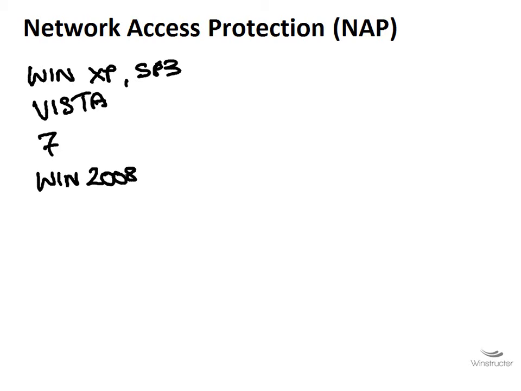So don't think that, by the way, this is only for client operating systems. Modern versions of Windows Server can also apply and be forced to comply with these NAP requirements. And by the way, if you are thinking of sitting the Windows 2008 Microsoft exams, you might want to remember which operating systems support NAP. So that's Windows XP with Service Pack 3, Vista, Windows 7, and Windows Server 2008.